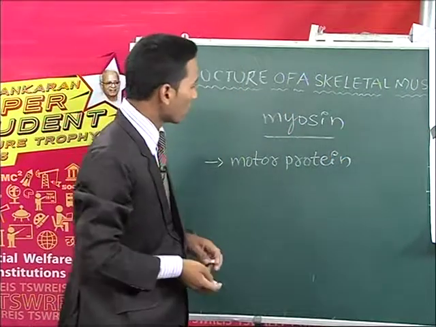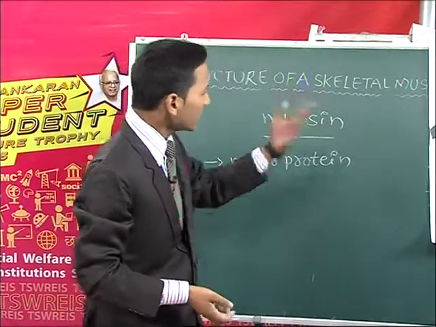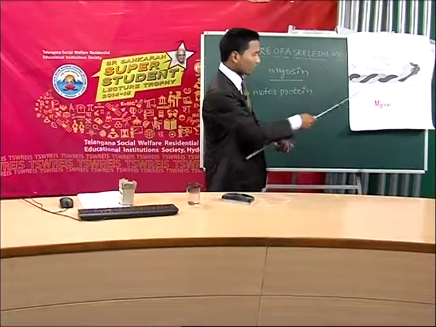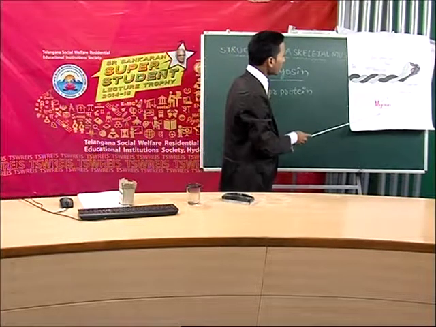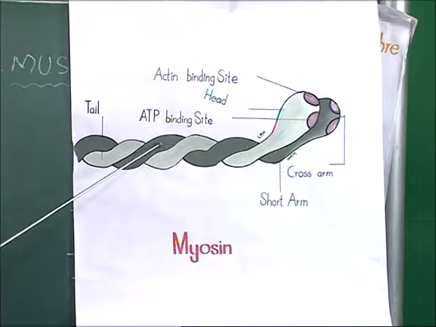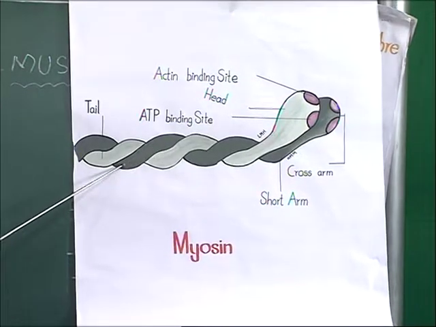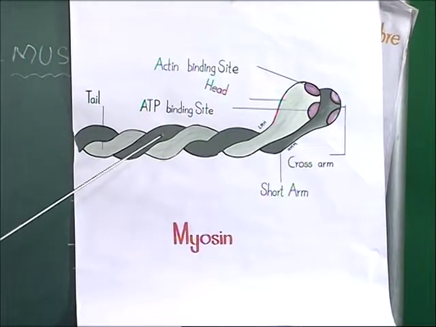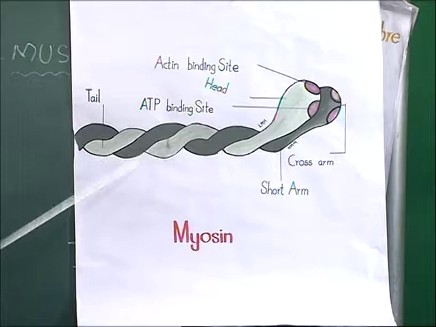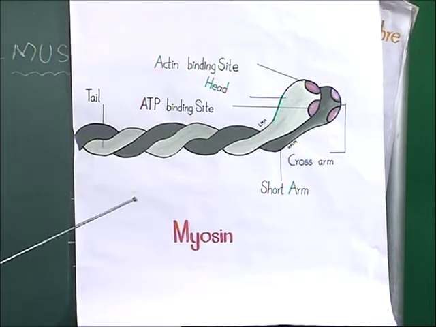So myosin is a motor protein, and each myosin is, let's see the diagram, made up of two polypeptides. It is one polypeptide and another polypeptide.